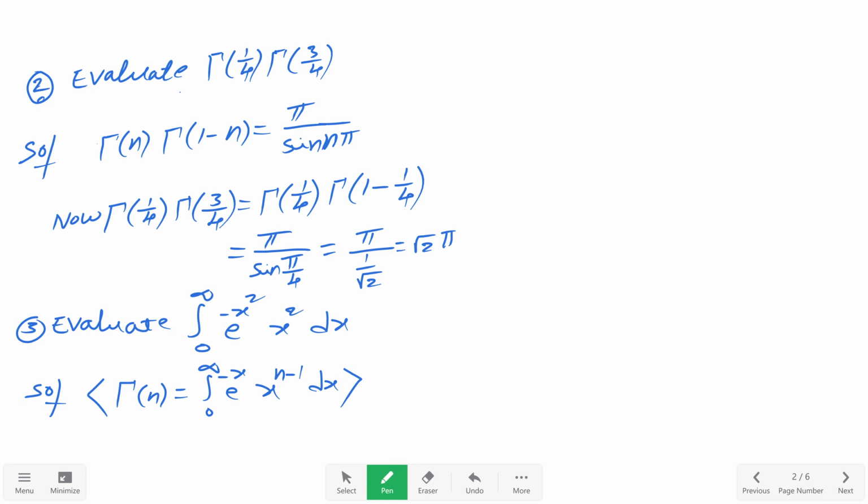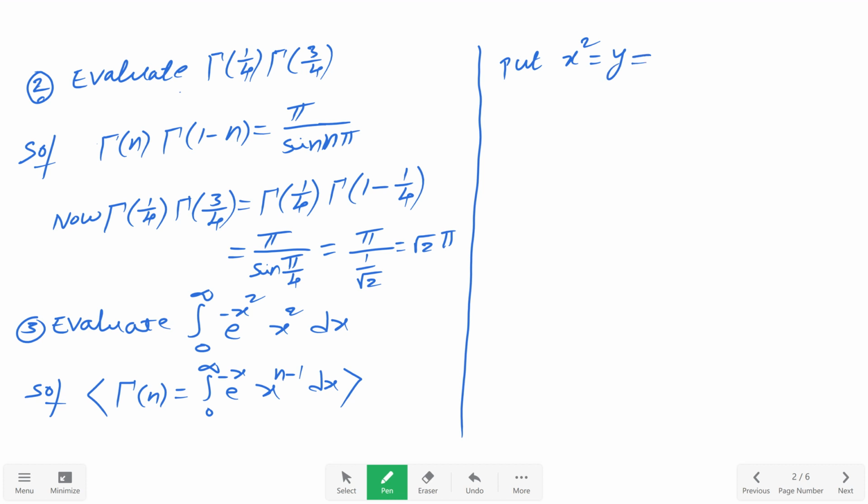Here what do you want? In the gamma definition, the power of the exponential is minus x. But here in the given problem, the power of the exponential is e power minus x square. But we require only x. That's why we can put x square is equal to some another variable y. Put x square is equal to y.